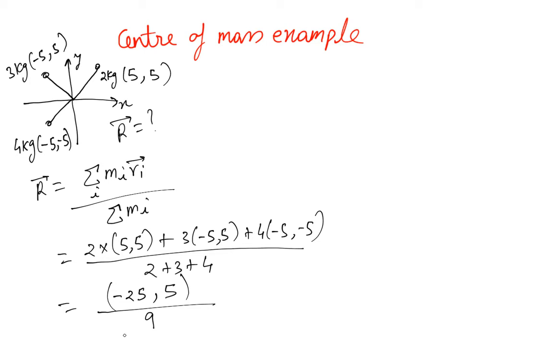So this is r, or you can say it's the same as minus 25 divided by 9, comma 5 divided by 9.